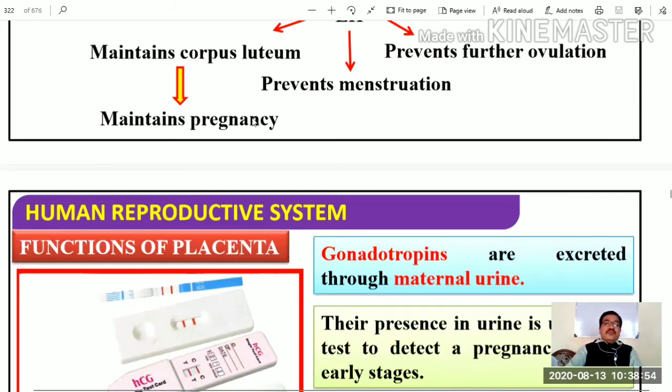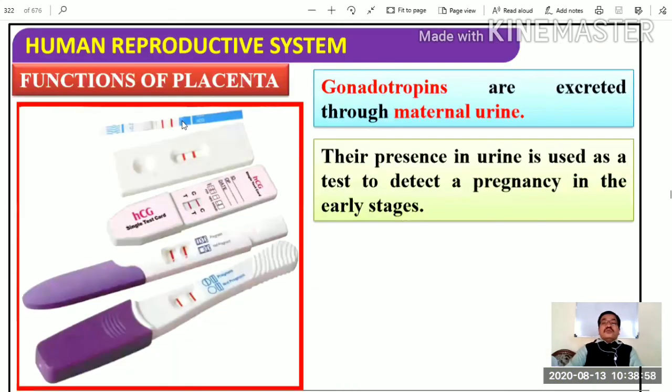Means there is a slow development of the fetus. Then gonadotropins are excreted through the maternal urine. So how can we detect this? Their presence in urine is used as a test to detect the pregnancy in the early stages.